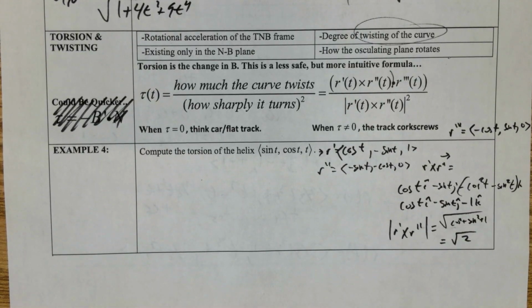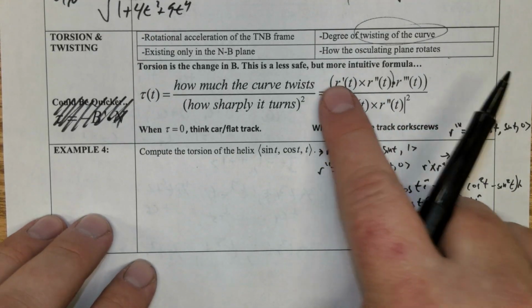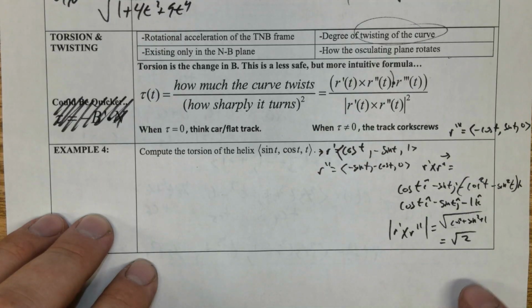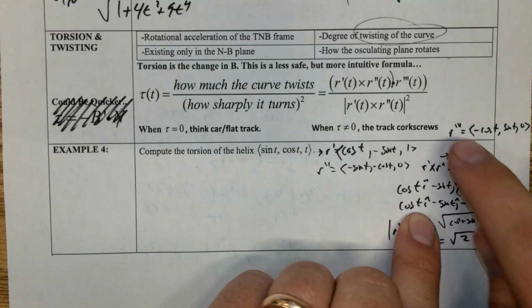All right, last but not least, let's start calculating. Let's just throw this all into this formula. R prime cross R double prime is this vector, and I'm going to dot this.